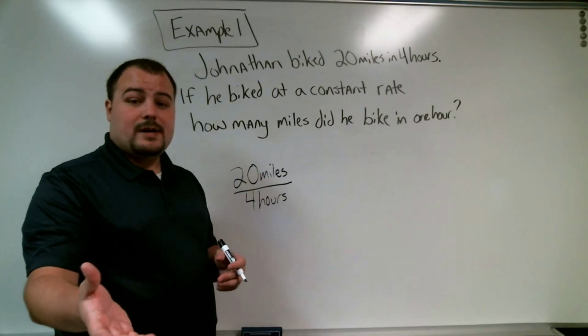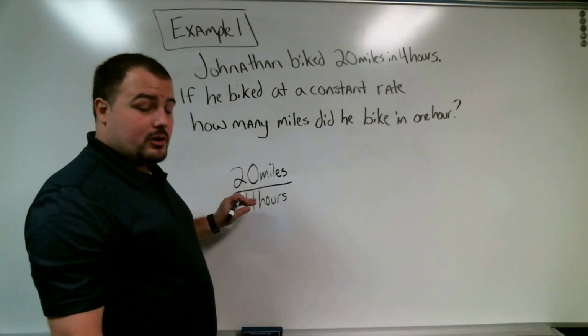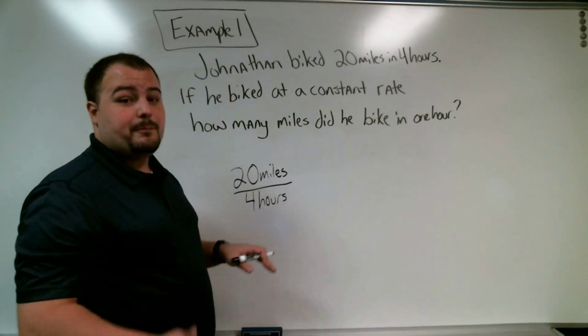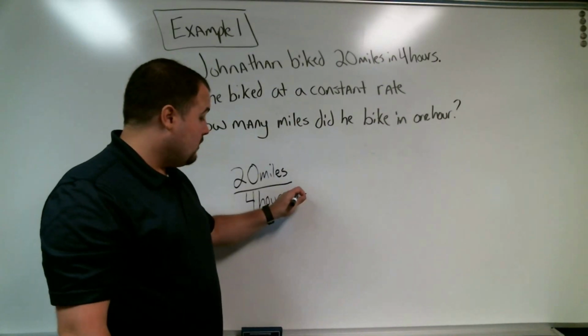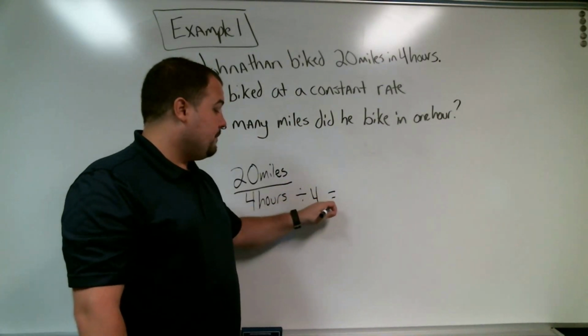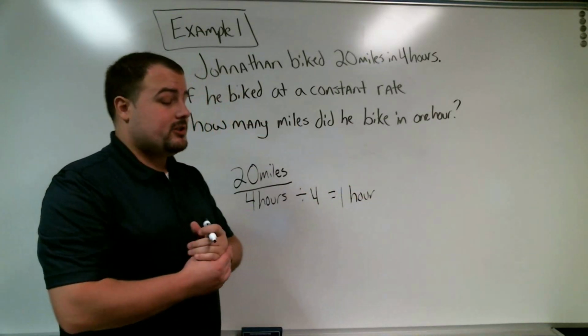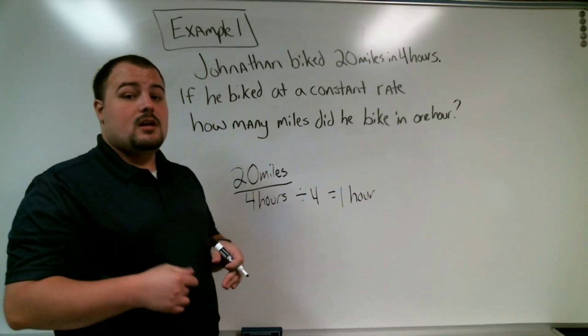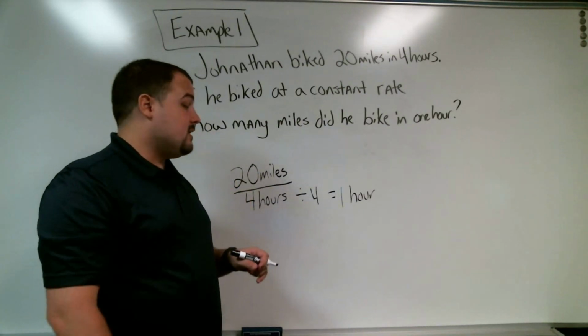One of the things I talked about when you were doing your vocab is that when you're changing to a unit rate, you want to divide the denominator by itself to change it to the number 1. So 4 divided by 4 equals 1. Now the bottom, or our denominator, is talking about 1 hour. In math though, if we do something to the bottom of a fraction, we actually have to do it to the top as well.